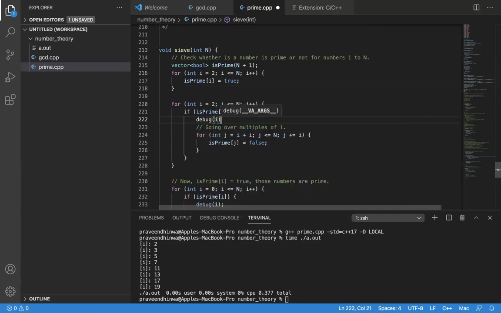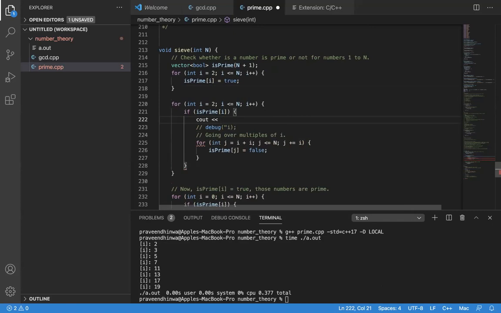So this is i. This is the smallest prime number in the sieve that is not considered yet.